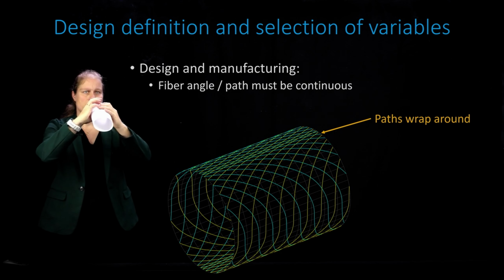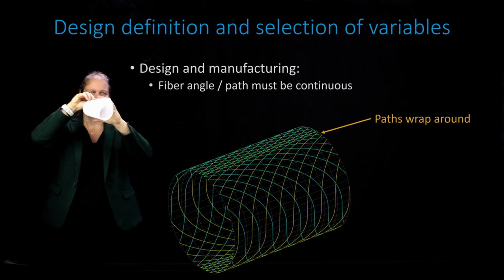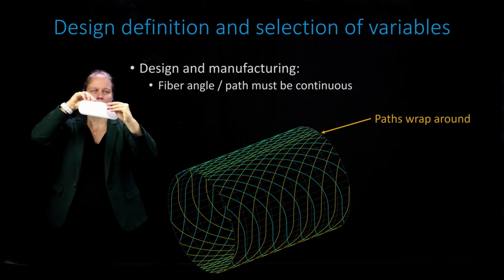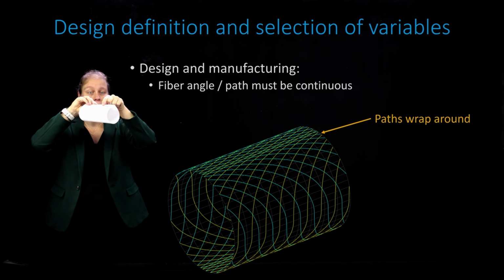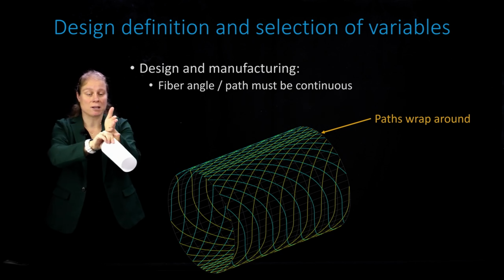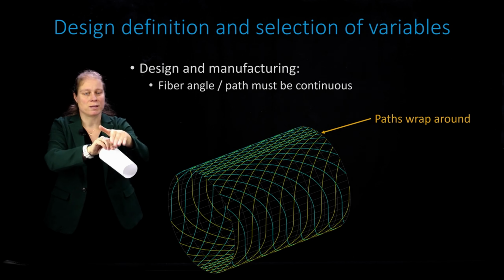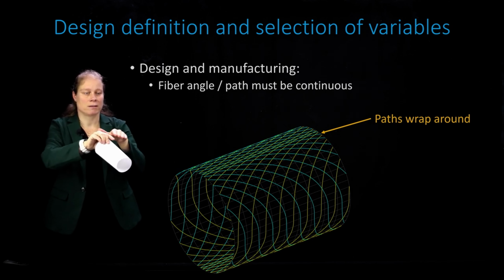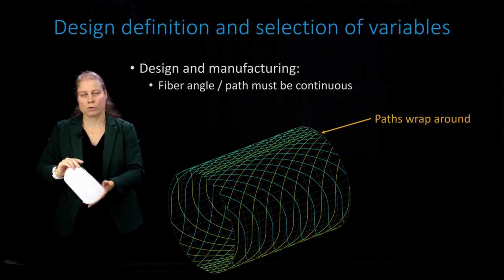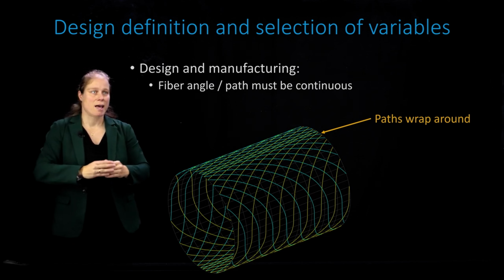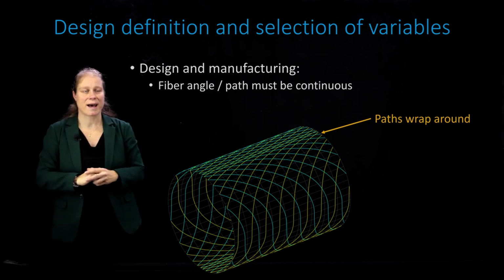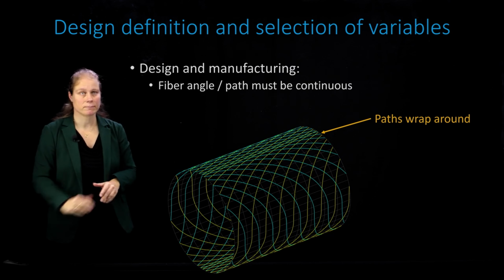When you come around the cylinder and come to the top, your fiber paths have to continue because your machine has to keep going. If your fiber paths don't link up at the top, your loading won't be nice and continuous, and you're going to have a seam there. So your fiber angle definition and your path definition have to make sure that your paths can wrap around there.